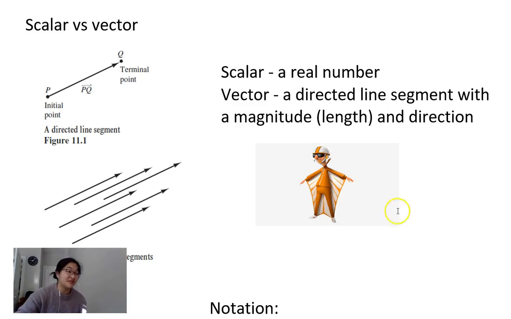So this is Vector from the Despicable Me series, and he is magnitude with direction, and that is what a vector is, where you have an initial point, a starting point, and then you have a terminal point. So the distance between those two points is the magnitude, and where you're going from your initial point to your terminal point is the direction.